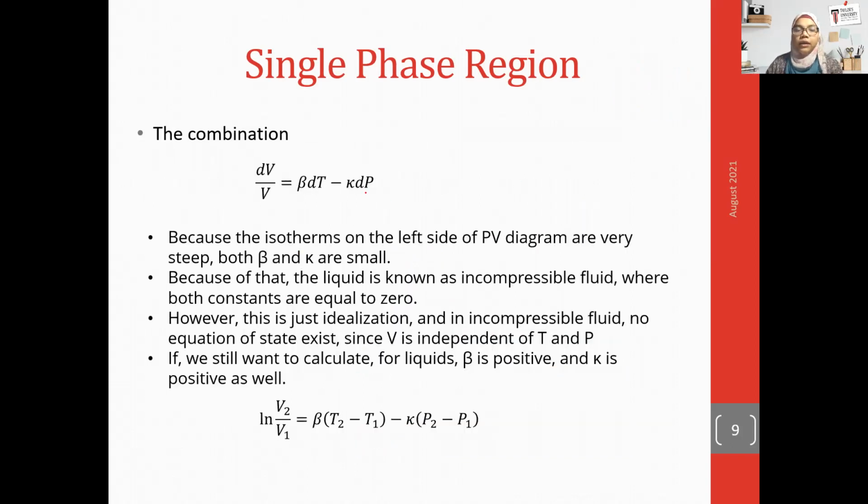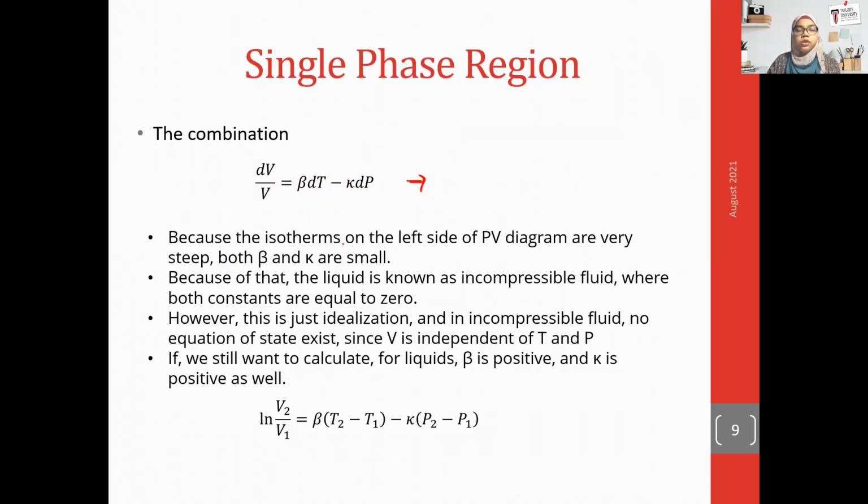If we combine these equations, we have another expression: dV over V equal to beta dT minus kappa dP. Basically this is the expression to simplify the relation between P, V, T.